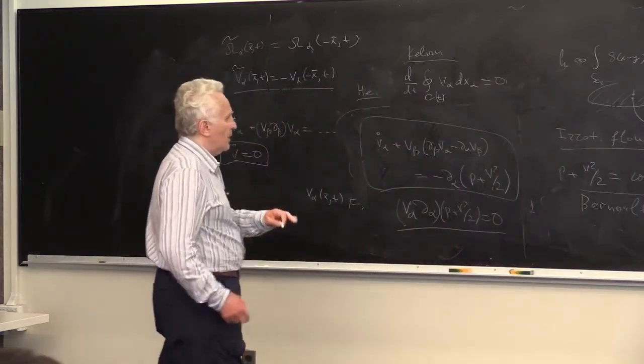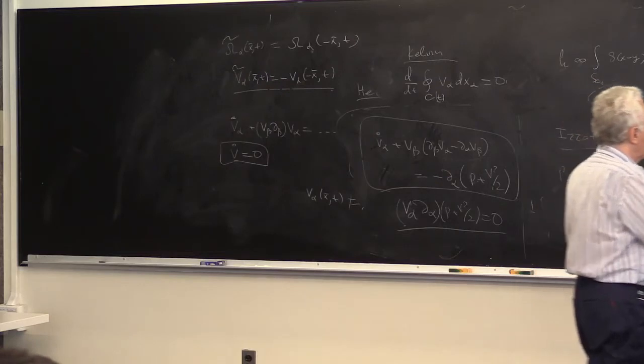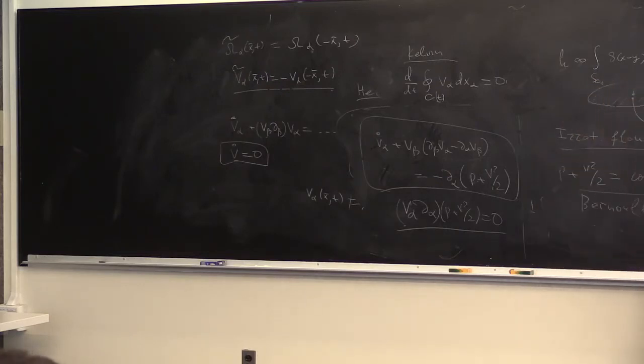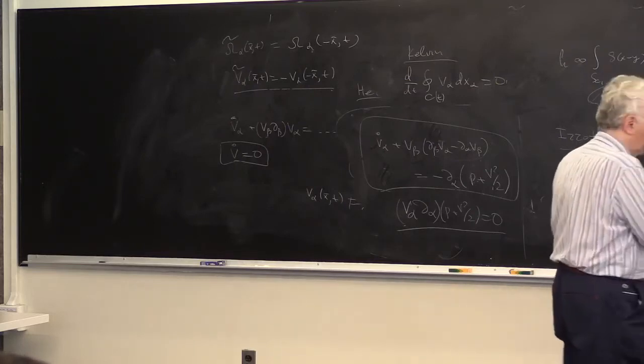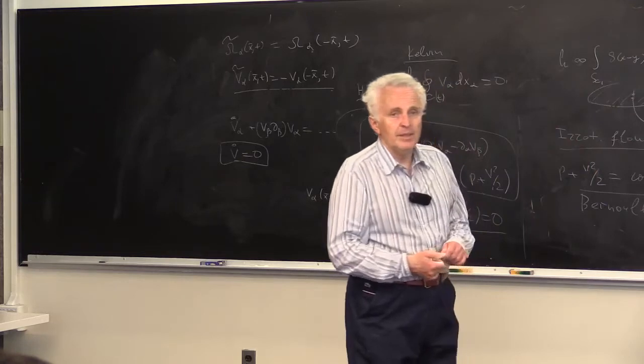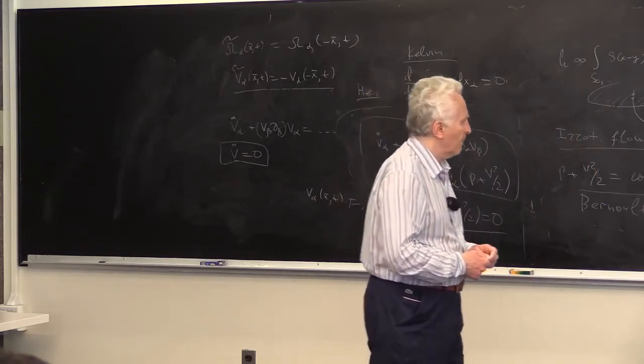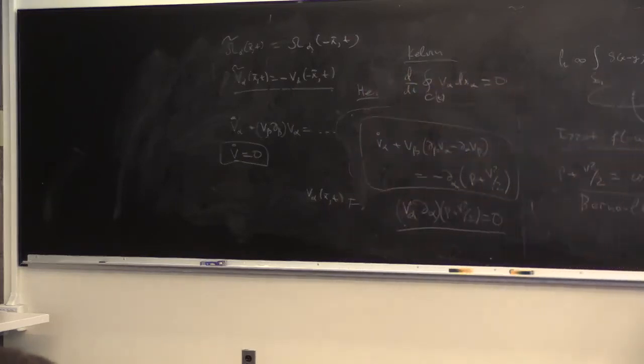So the question is, what is the meaning of this equation when you have some function d alpha multiplied by some function is 0? What's the meaning of this? The gradient's always perpendicular to the alpha.